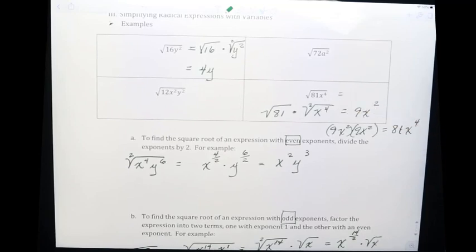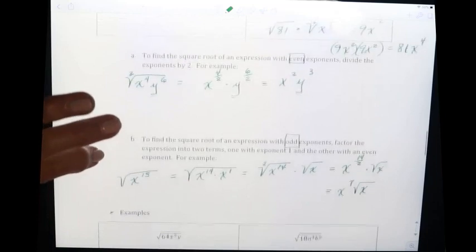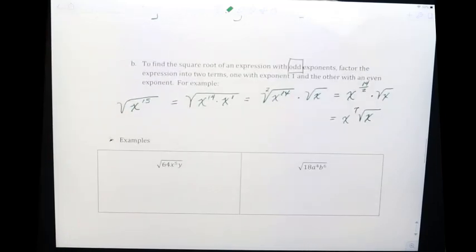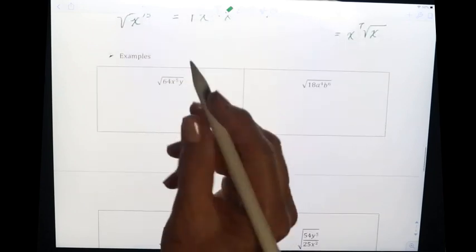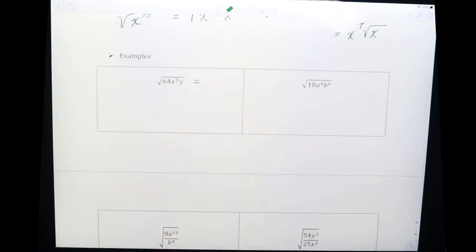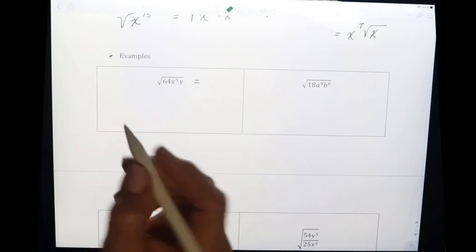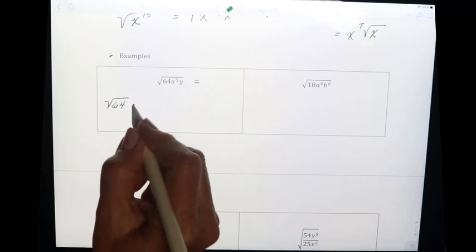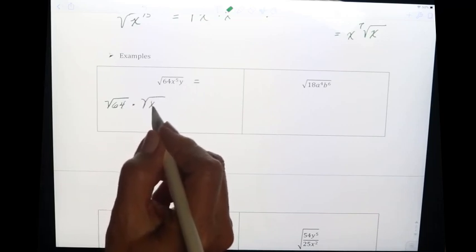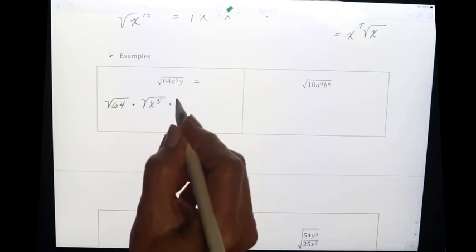So those were even exponents. Let's scroll down and do just a couple that have odd exponents. Here we go. So we're taking the square root of 64x to the 5th, y to the 1st. And I'm going to separate this out. Notice how I even separate out the letters.